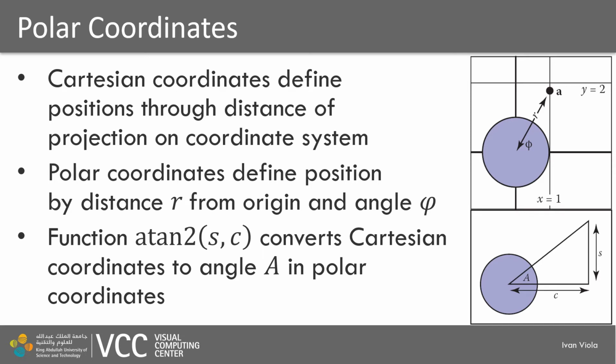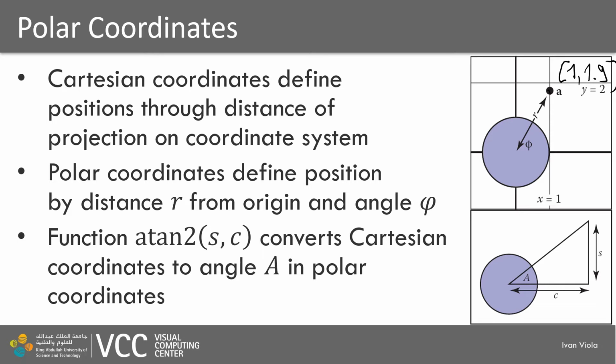By this we can define, for example, that the point A, which we can see here, will have in Cartesian coordinates the value 1 for x, and for the y dimension something less than 2, so let's say 1.9.